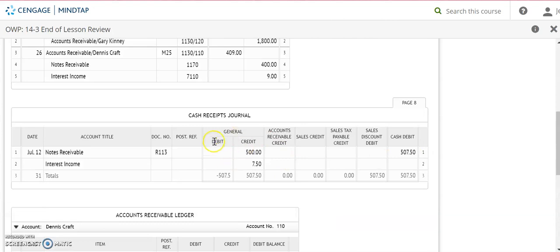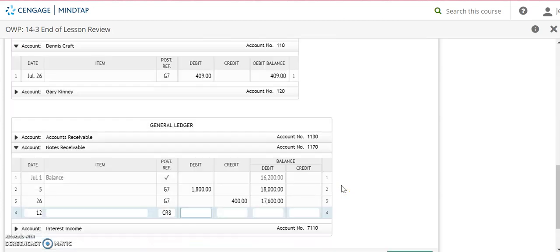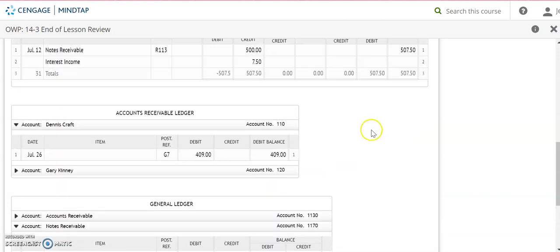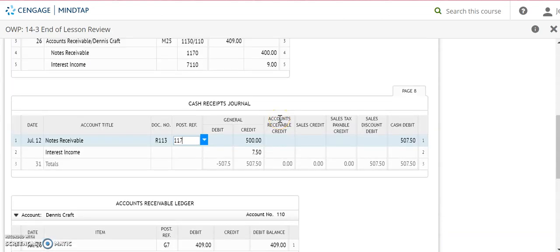And then I'm going to look at my general debit and credit columns to figure out what I'm going to be doing. So here I'm going to credit notes receivable for $500. I'm going to then find my new balance, 17,100. And account number 1170 will go to my post reference column.